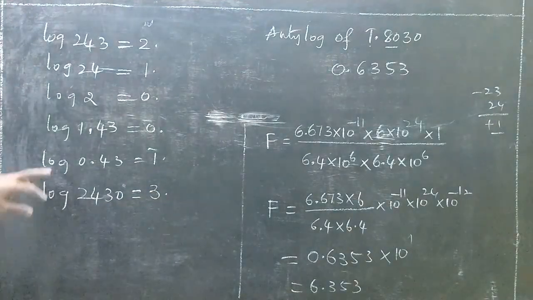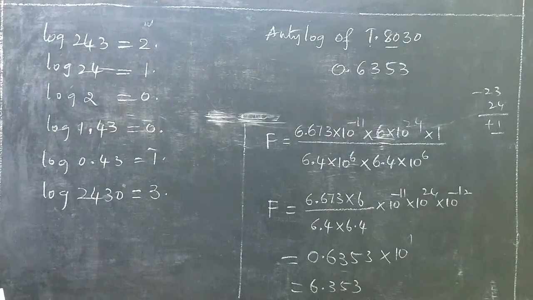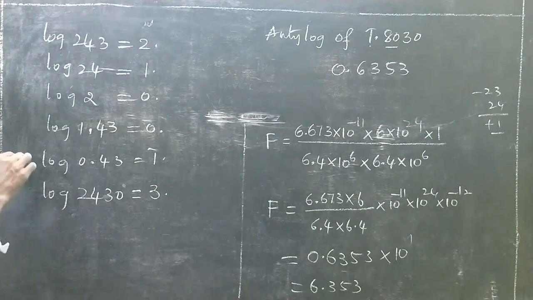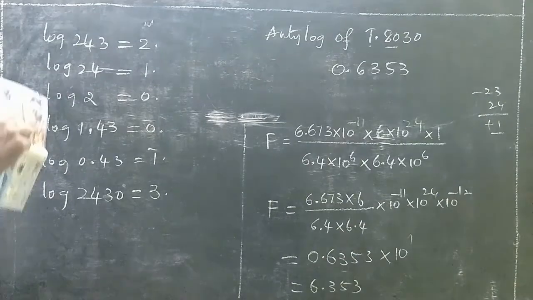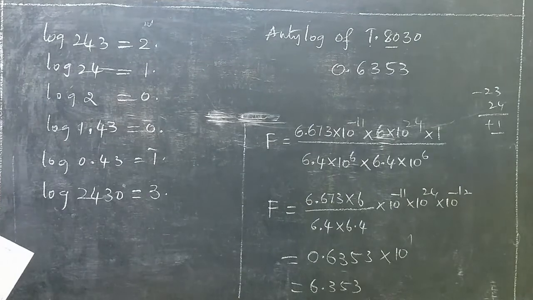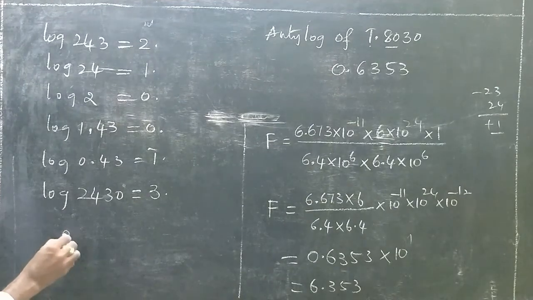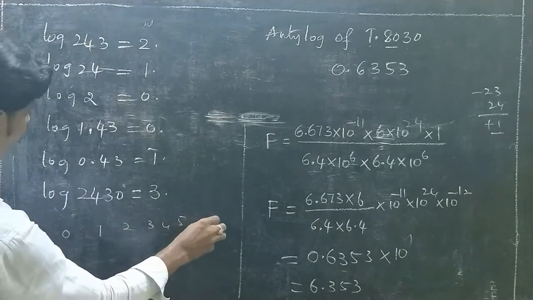For values like 243 in logarithm tables, we need to take the value of 24. In the first column we have from 10, since logarithms are always calculated to base 10: 10, 11, 12. So logarithm starts from 10. We take 24 in the column, and along the top of the table we have 0, 1, 2, 3, 4, 5 up to 9.